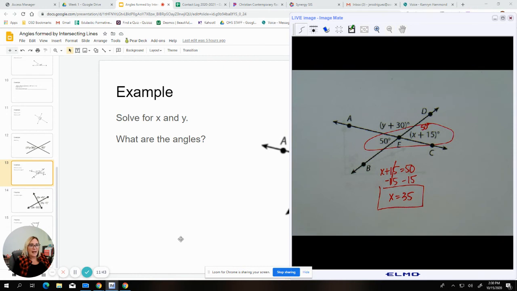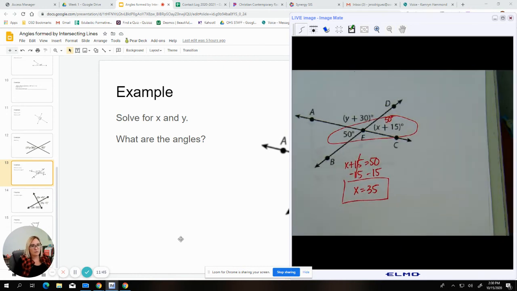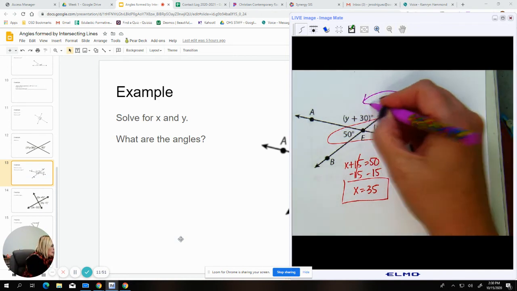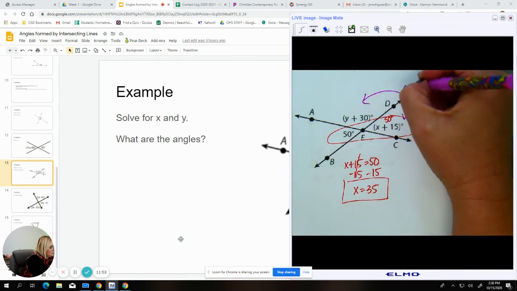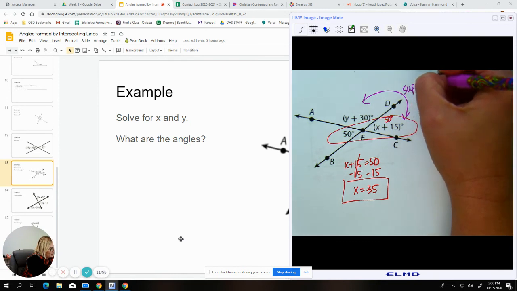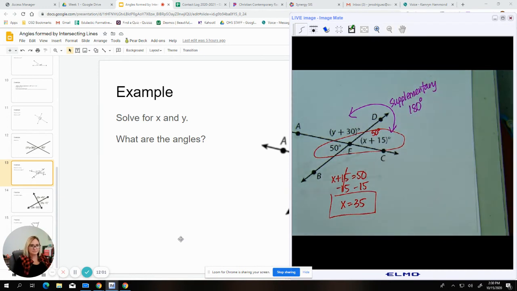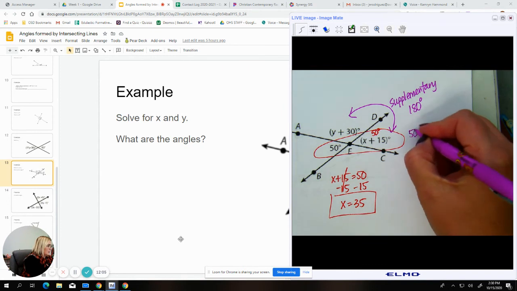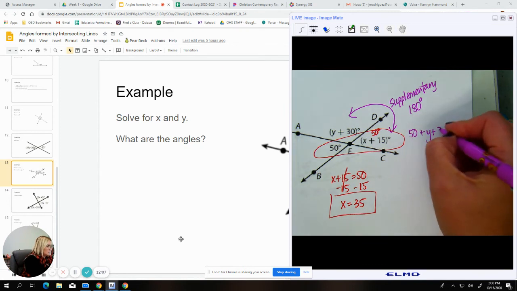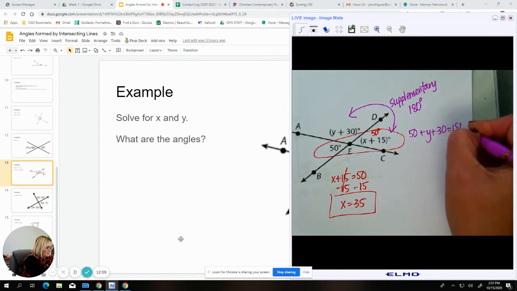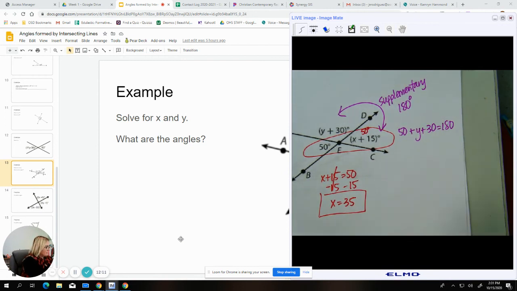Now I have x, and now I know 35 plus 15 is 50, which I already knew because they are equal. Now I can use the other information I have, which is that these two angles right here are supplementary. They are on a straight line. They have to add to 180 degrees, which tells me that 50 plus y plus 30 has got to be 180.